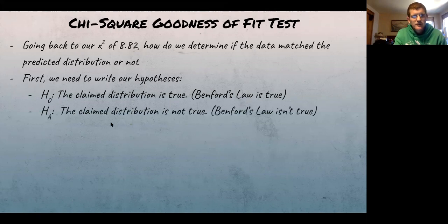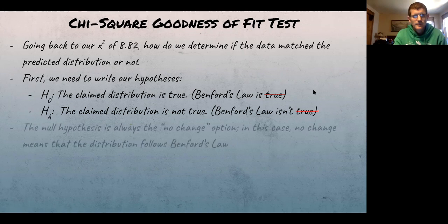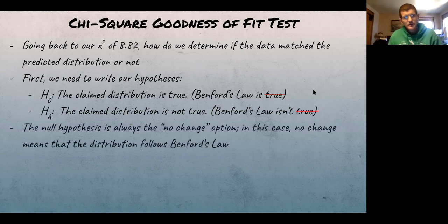The alternative claim is that the claimed distribution is not true. Maybe I need to rephrase this. It's not that Benford's law is true or it isn't true. It's that Benford's law is applicable or Benford's law is not applicable. So those are our two hypotheses. Our null hypothesis is the no change, in which case that means that it does follow Benford's law like we predicted.